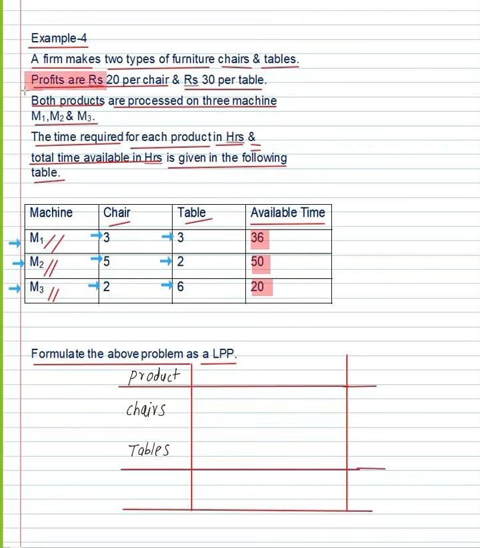It is given that profits are 20 rupees per chair and 30 rupees per table.